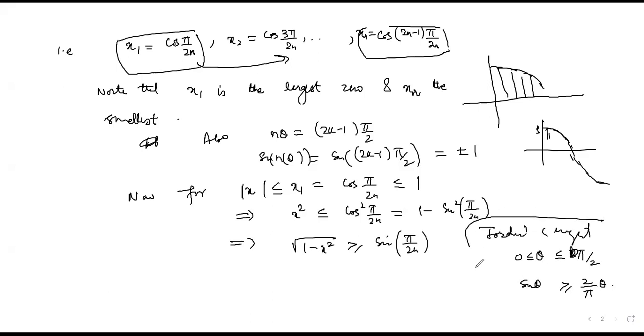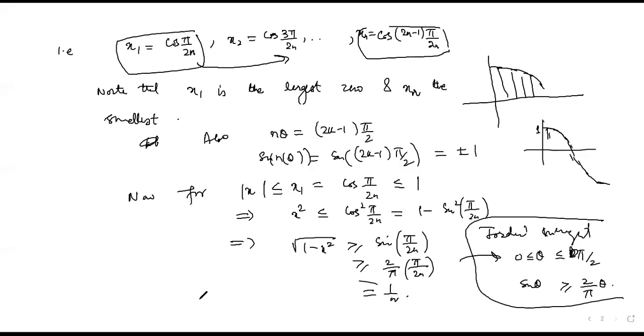We did this last time. If theta is acute, then sine theta is bigger than equal to this thing. So this is theta, so it is bigger than equal to 2 by pi into theta, that is pi by 2n. So here we are using Jordan's inequality, which is the same thing as 1 by n.